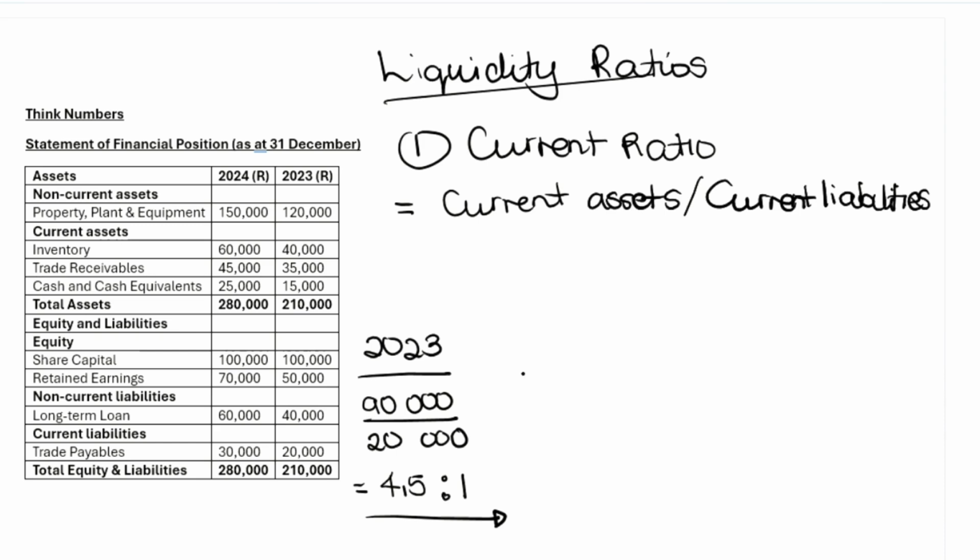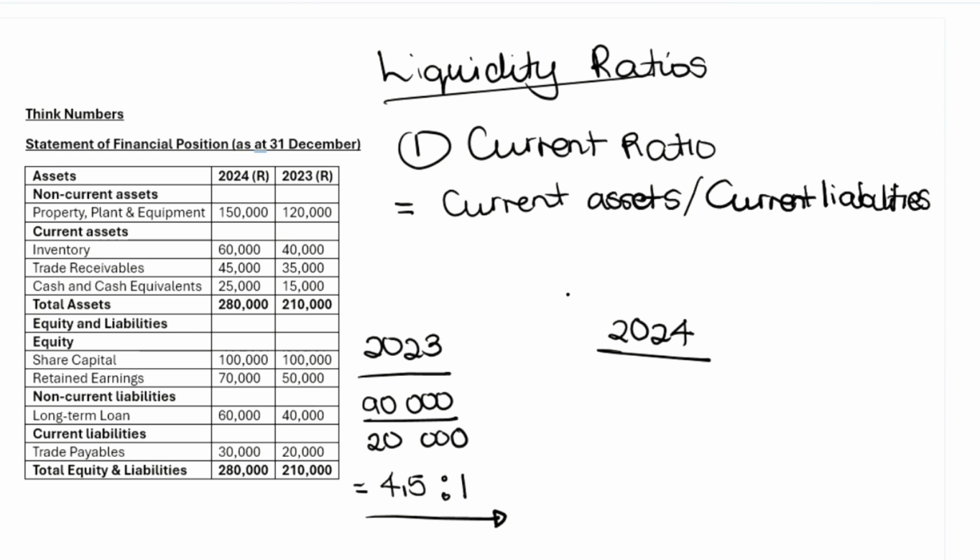So what this is telling me is that in 2023, we had 4.5 times more assets than current liabilities, which is good because it means we can pay off our current liabilities 4 times.